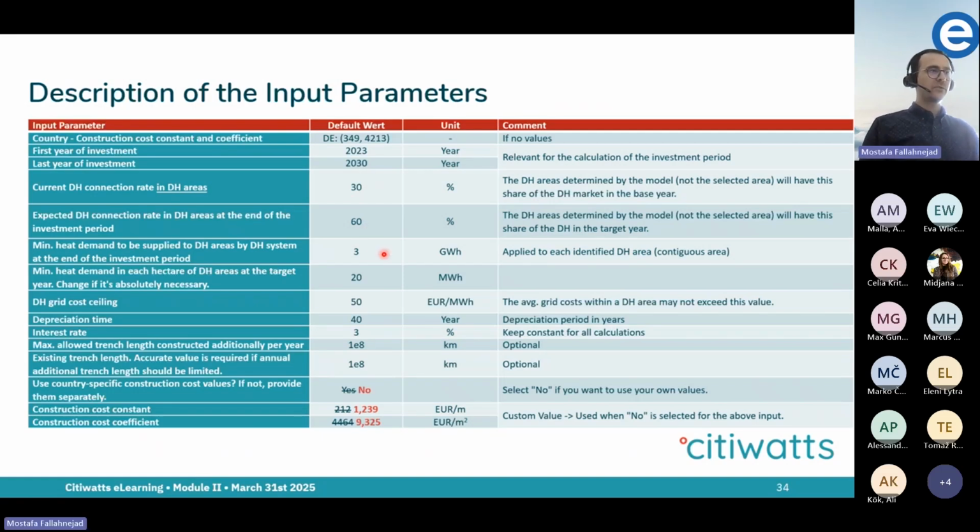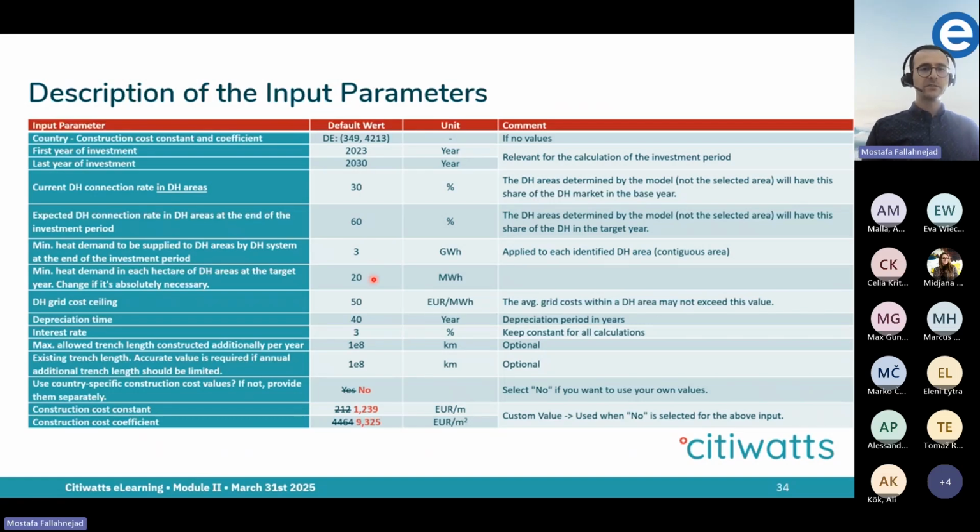You should also provide one parameter defining the minimum heat demand that should be delivered to the buildings at the end of my investment period. So, for example, it could be 3 gigawatt hours or 5 gigawatt hours.